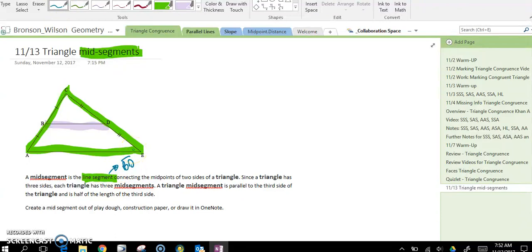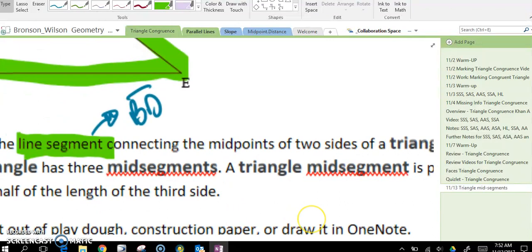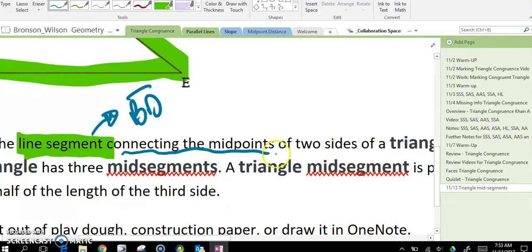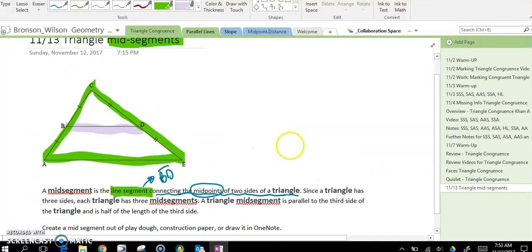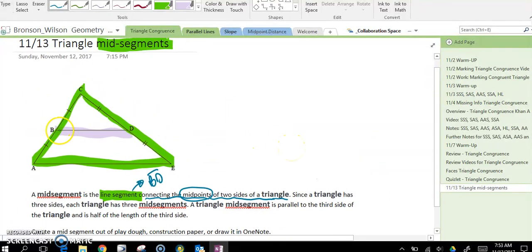Very good, you guys. Now that line segment is doing something. What's it doing? Let's see if BD is doing just that. It's connecting the midpoints, another keyword, of two sides of a triangle. What's the first side that BD is connecting?